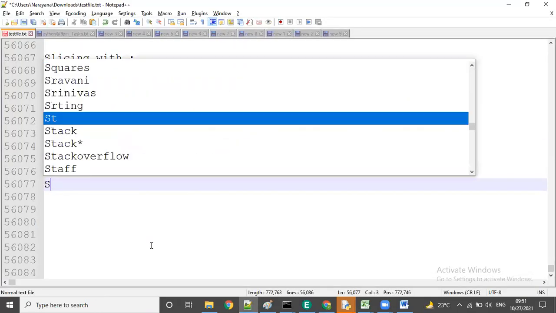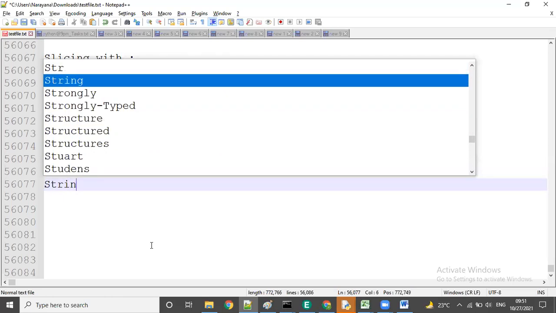Next, we see string concatenation. Some subtopics are there.